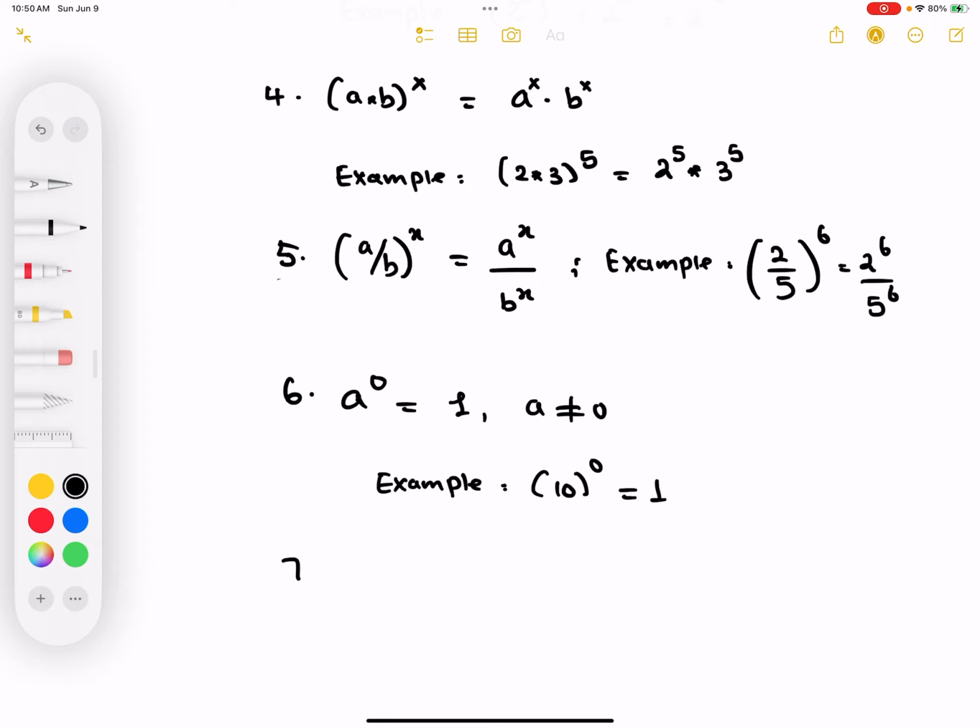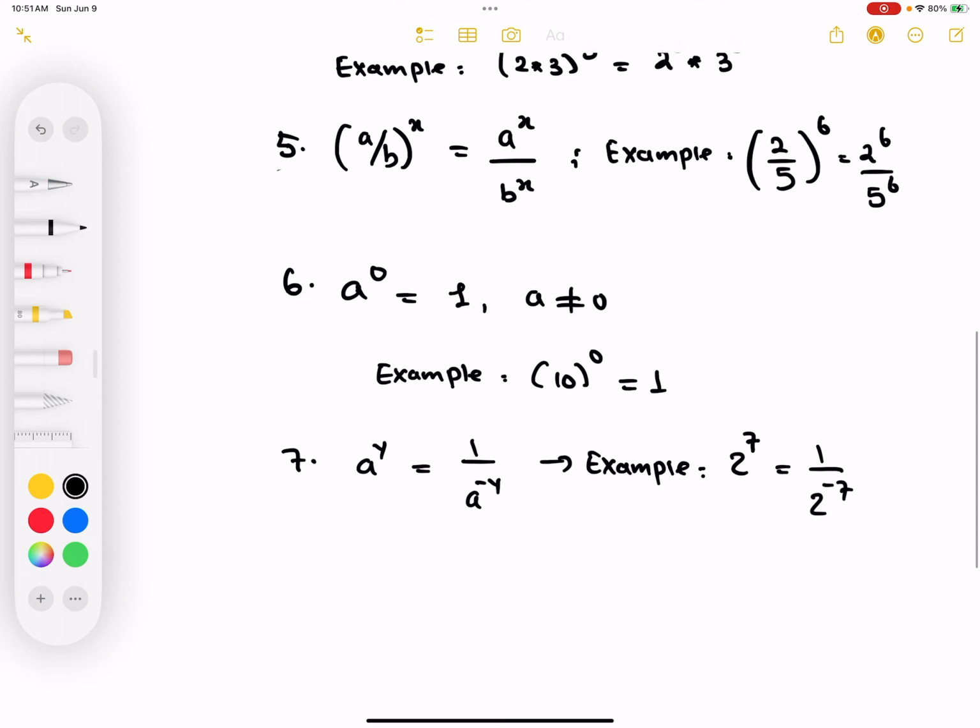And switching between positive and negative exponents, a to the positive y can be written as 1 over a to the negative y. For example, 2 to the 7th can be written as 1 over 2 to the negative 7. Or the rule is a to the negative y equals 1 over a to the positive y.